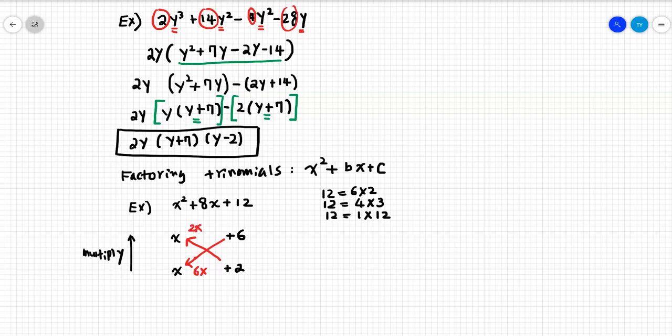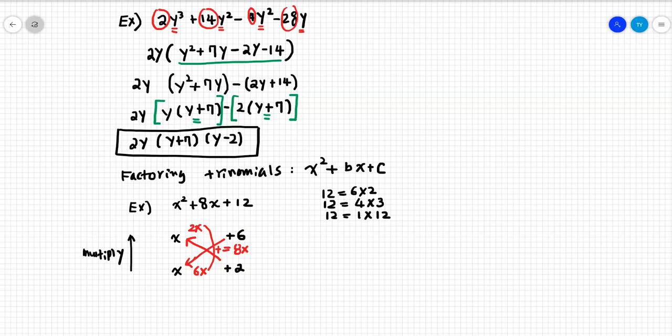Okay? Now, in order to come up with the plus 8x, you're going to have to add these two quantities. And that comes out to be 8x. So the combination that I selected, from the possibilities of these three combinations, in this case I chose 6 and 2, is a good combination.